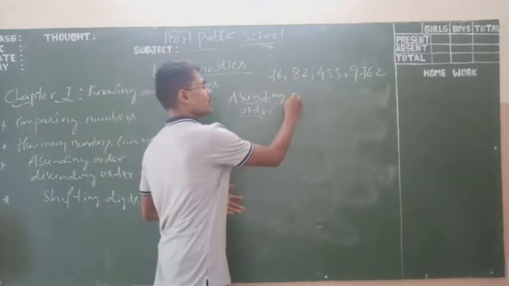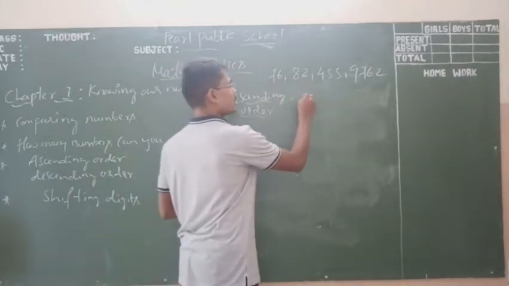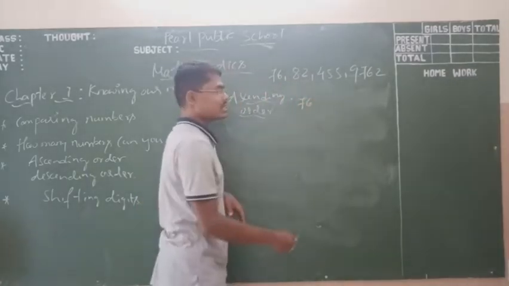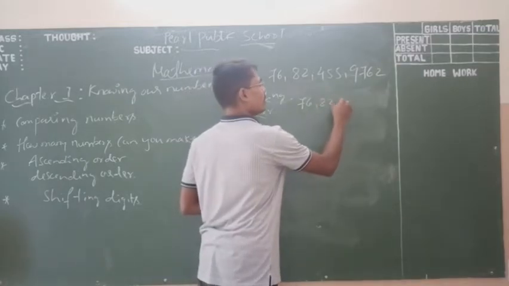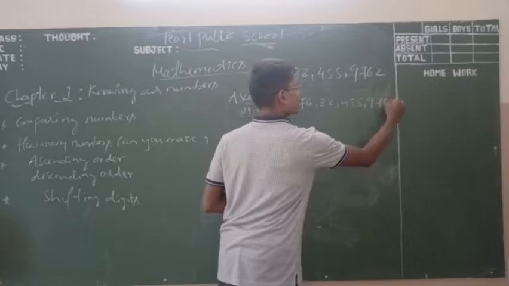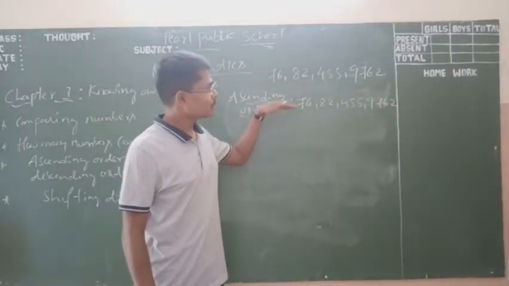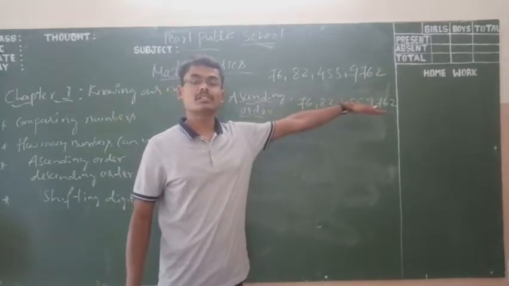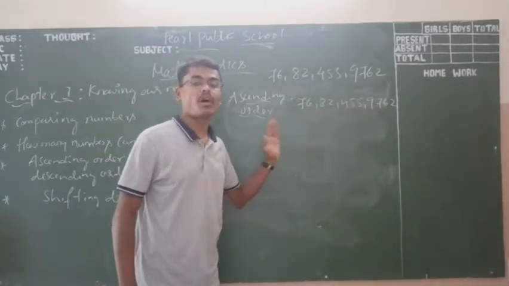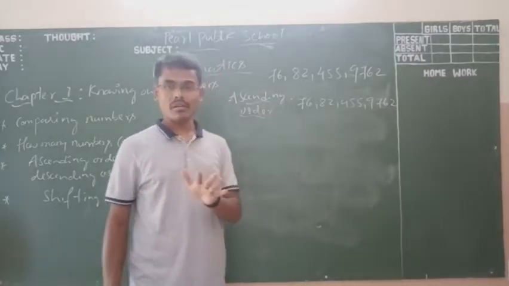I am going to identify which one is the smallest here. 76 is the smallest, next 82, next 455, then 9762. I just begin from smallest to the greatest number, and this type of arrangement, we call it ascending order.